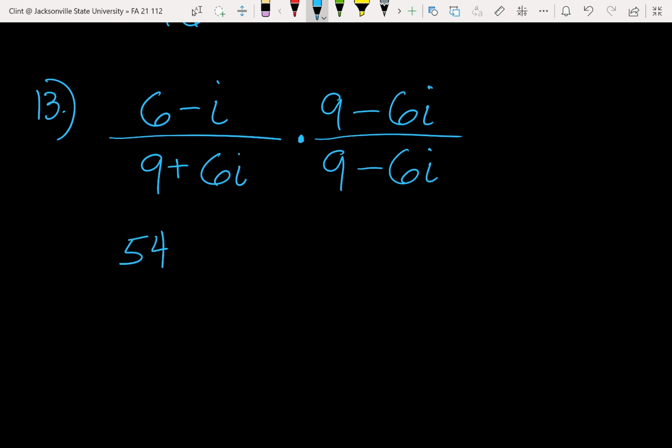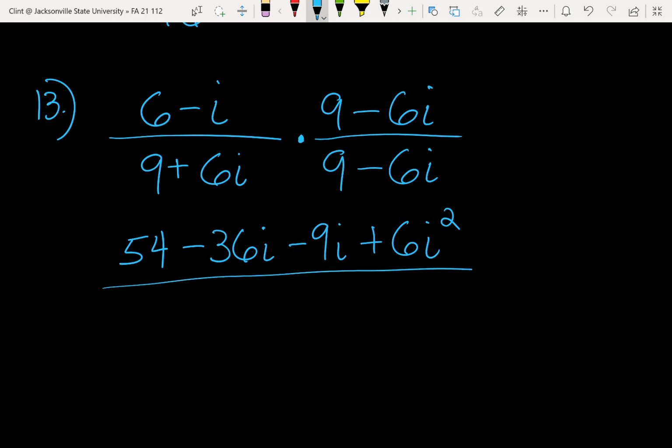If we do 6 times negative 6i, we get negative 36i. The inner terms, negative i times 9, we get negative 9i. And the last terms, negative i times negative 6i, we get positive 6i squared. So I'm just going to leave that right there for right now, but I'm making a mental note that we can't leave that i squared.